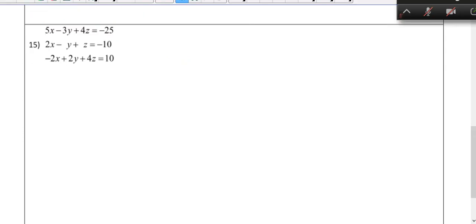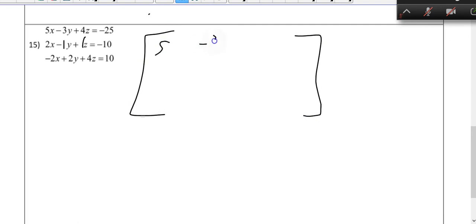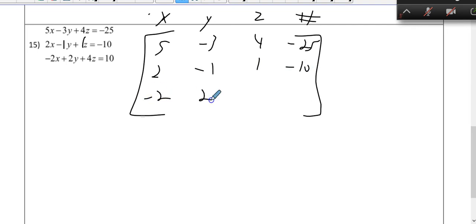All right, on this one, make sure you pay attention to it. Make your matrix. You put 5, -3, 4. Again, X, Y, Z, number format. Next row, 2, -1, +1, -10. -2, +2, 4, 10.